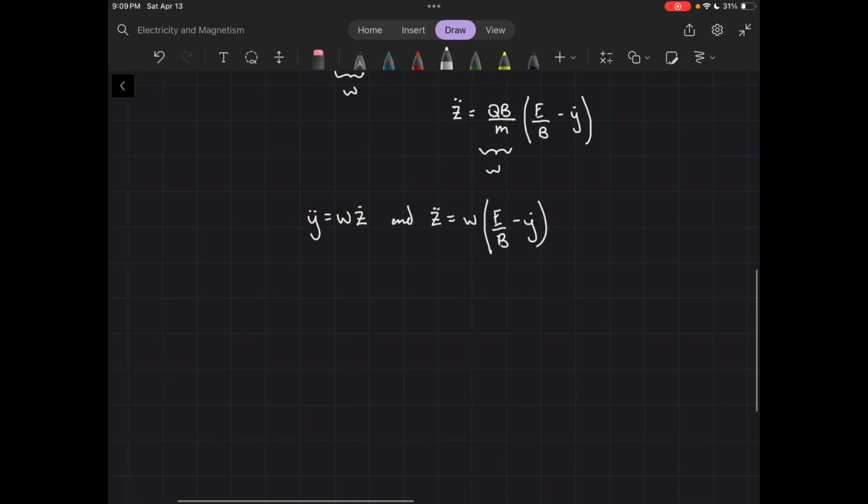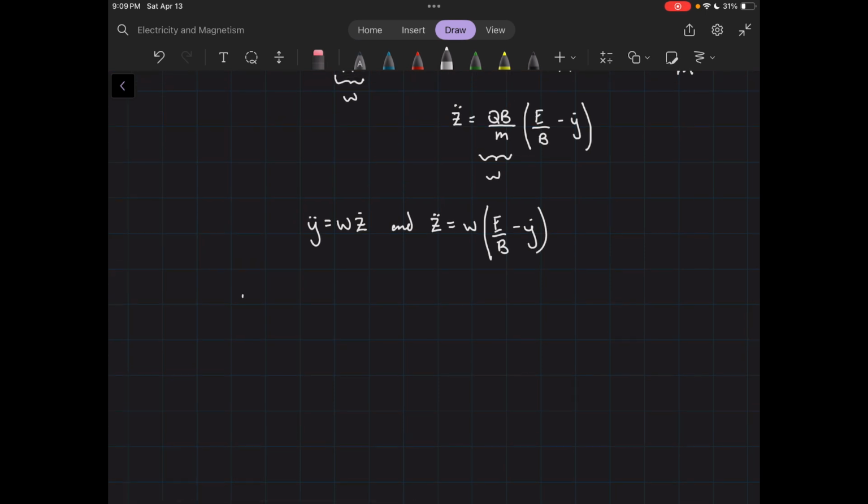The general solutions to these are y of t equals c1 cosine omega t plus c2 sine omega t plus E over B times t plus c3.